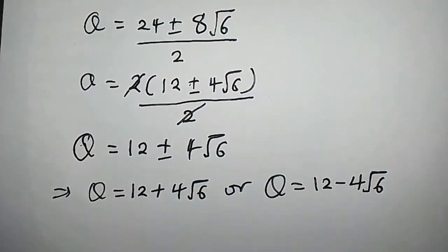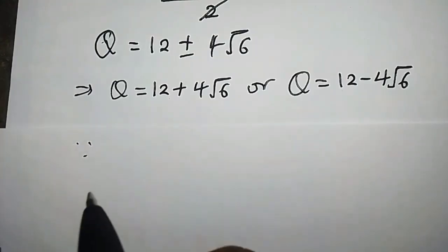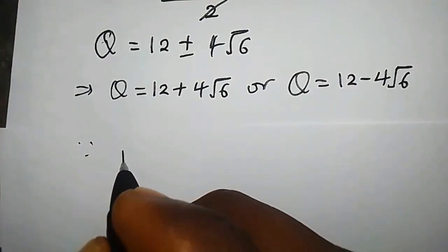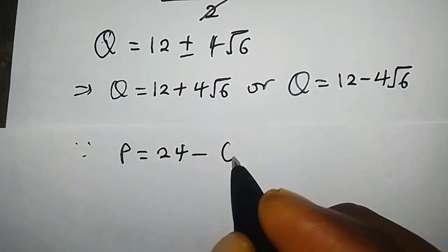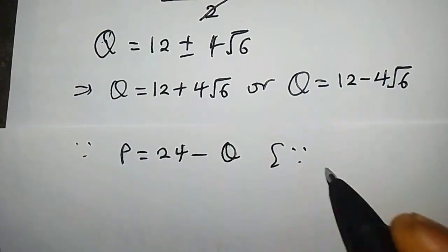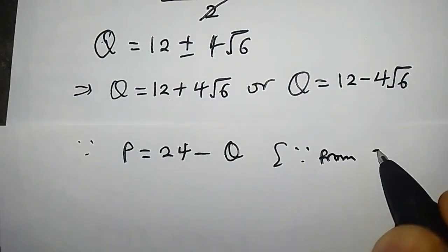We can then use these two values to obtain the value of P. So that's what we are going to do now, very fast. Since we know that P is equal to 24 minus Q. This is from the third equation, equation 3.